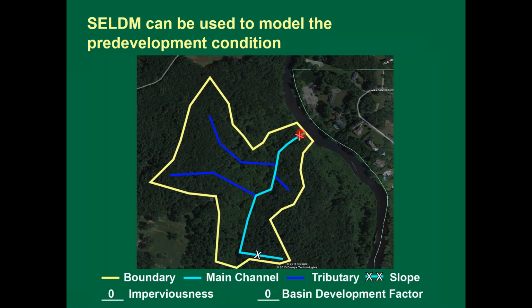The X's here would be our 10-85 slope. I probably could have done a slightly better job placing these X's to look more like the 10-85. We have our slope. Because it's completely forested, we have an impervious area of 0, and our basin development factor would be 0. So this might be the before condition, and then you're going to put a highway across here. That would be the after condition.